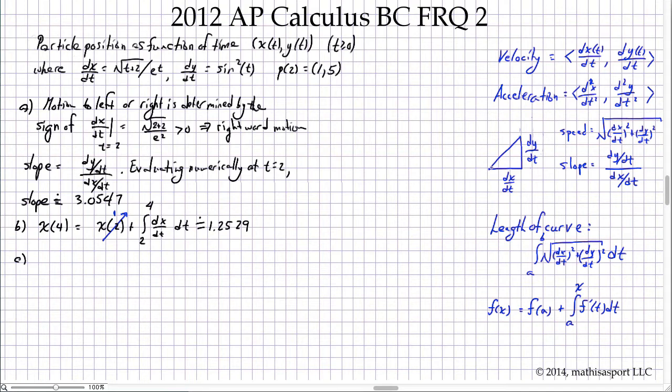So how are we going to find that? Well, we are going to say that speed equals the absolute value of a velocity vector, which is going to be the square root of dx/dt squared plus dy/dt squared.